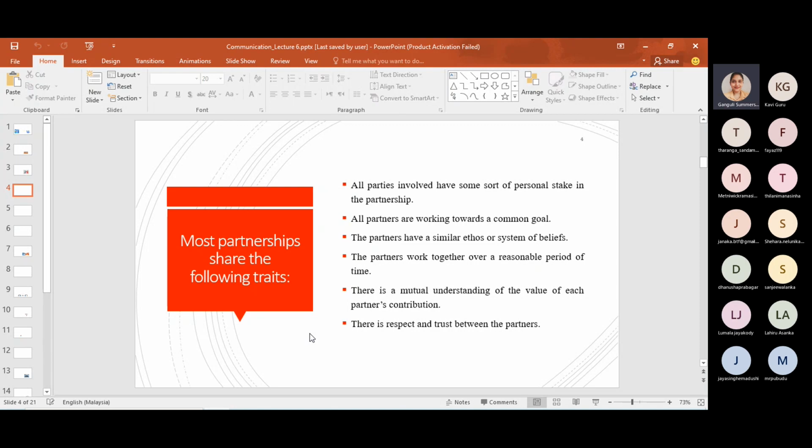Organizations will not go into partnerships if they don't get any benefits. The whole point of going into a partnership is to improve the efficiency and the quality of service, and also to gain some sort of personal benefit through the partnership as well. Okay, and that is one trait. And all partners are working towards a common goal.